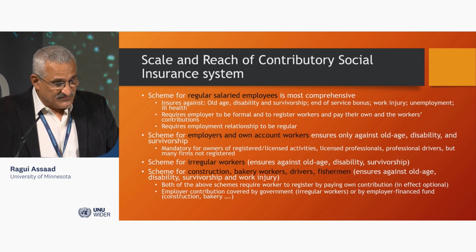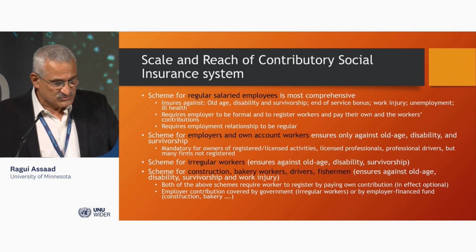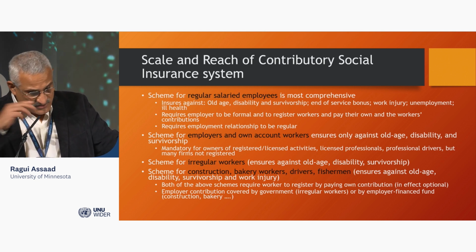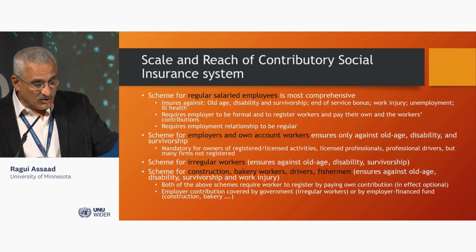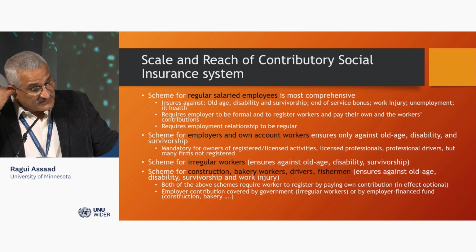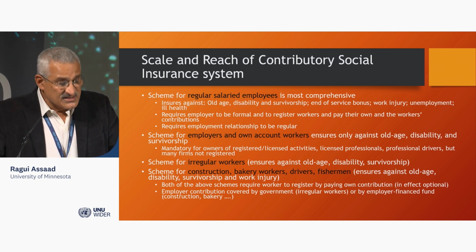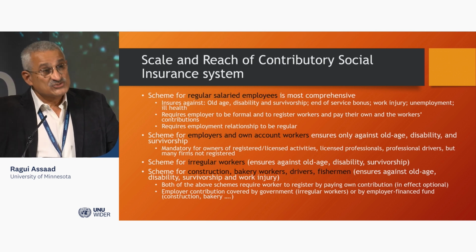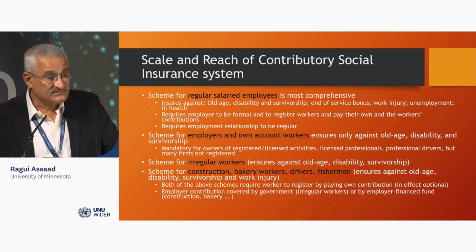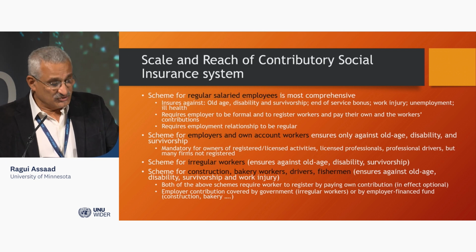Then there is a system for irregular workers. There are really two subsystems, one for just any irregular worker and one for specific categories of workers that also have irregular sorts of employment. They also insure a narrower set of risks. In both of the above systems, the worker has to register themselves if they want to get any benefits, by paying their own contribution.